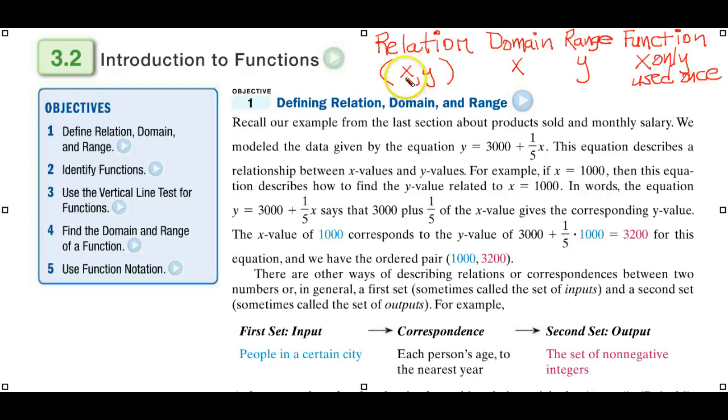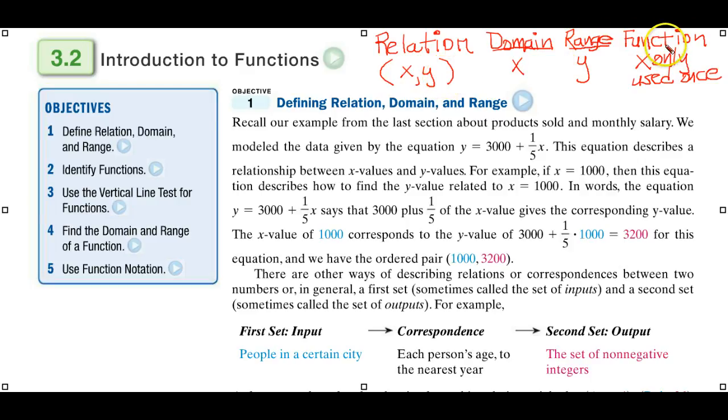Now, the first member of the ordered pair, that is the x, is considered the domain values. And the range are the y elements in an ordered pair. So domain refers to the x, range refers to the y.